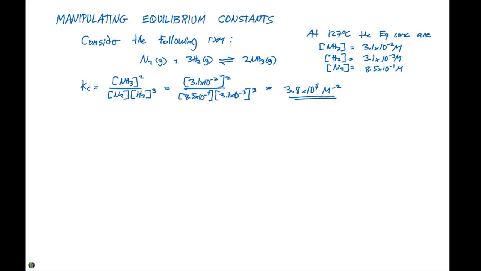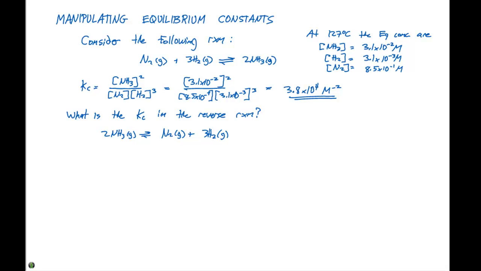So now what happens if we asked for the Kc in the reverse direction, or for the reverse reaction? If we think about this for a second, we have to rewrite this equilibrium, and it's 2NH3 as a gas in equilibrium with N2 as a gas plus 3H2 as a gas.